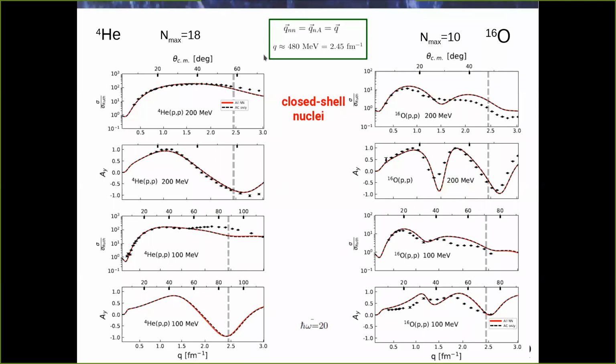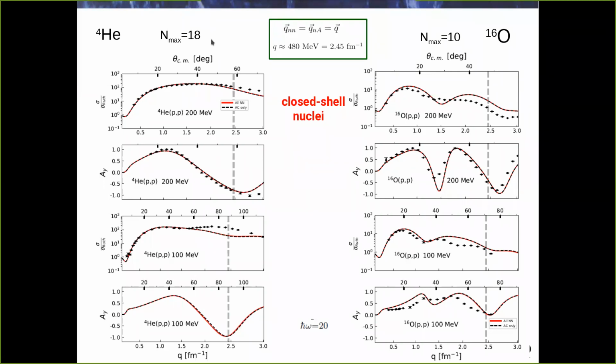And here again, this line is at 2.45 inverse Fermi. You should actually only look up to there, because that is where the N2LO opt is fitted. So we're basically looking at the forward direction. Nmax 18 for helium-4 is high enough that it's fully converged.